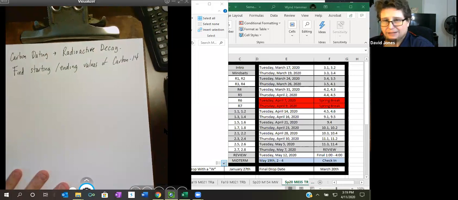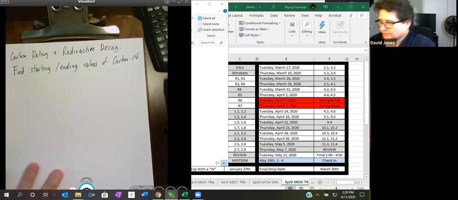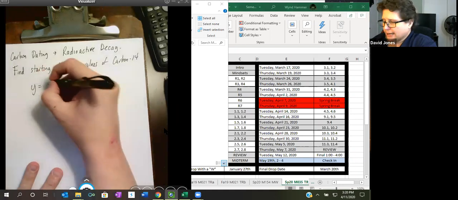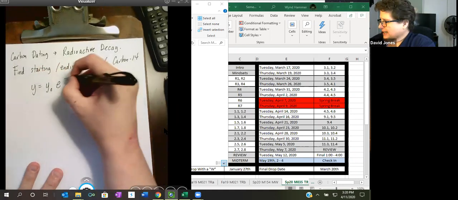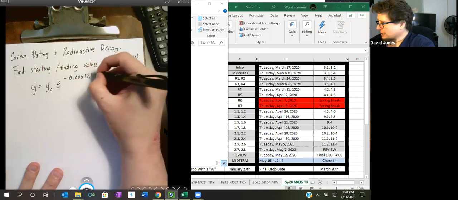They started off when they knew how much carbon-14 was in there. A certain time later, they did it again. They end up getting the model y equals y naught e to the negative 0.0001216 t.